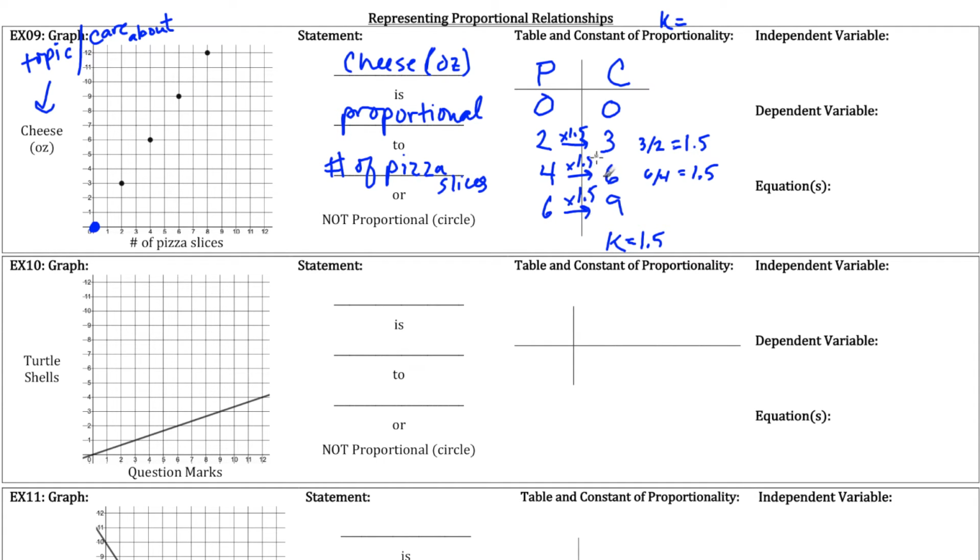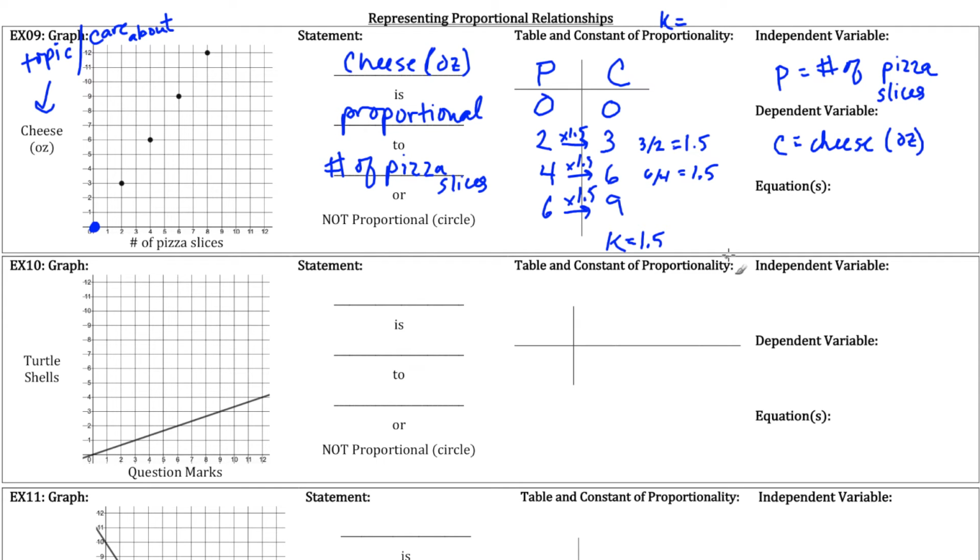All right. The one we care about, our topic, is the amount of cheese, so that is our dependent variable. It's the cheese measured in ounces. That will depend on the number of pizza slices. Cool.